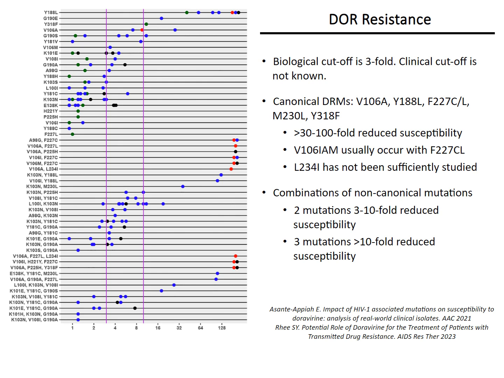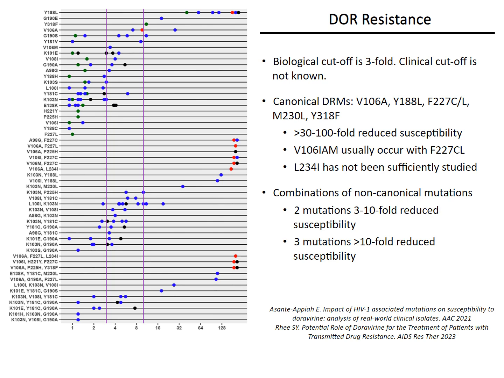6 drug resistance mutations have consistently been associated with greater than 10-fold reduced susceptibility to Doravirine, including V106A, Y181, Y188L, M230L, and Y318F.